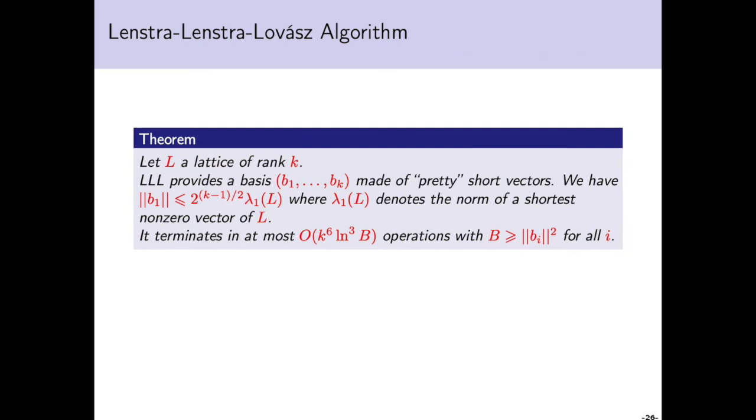So it doesn't output you a shortest non-zero vector, but you have, at worst, an exponential approximation, exponential in the dimension of the lattice. And it does it in a polynomial number of operations.